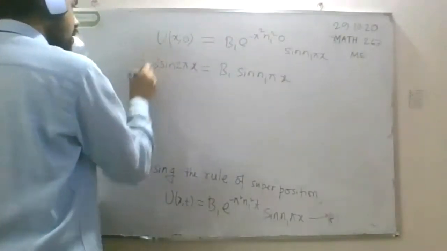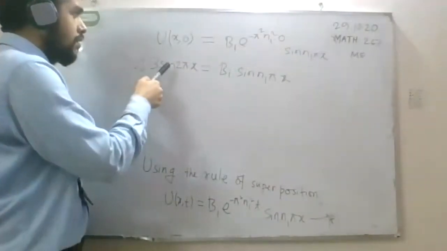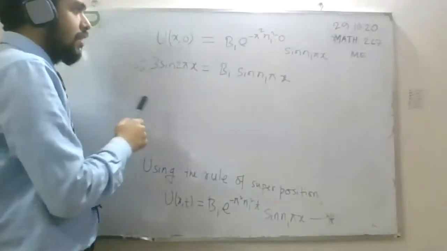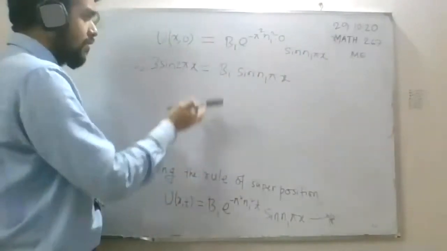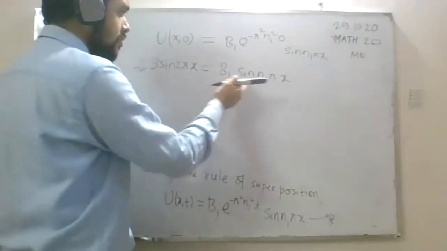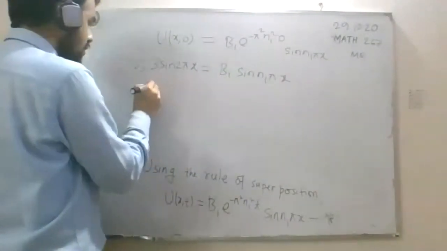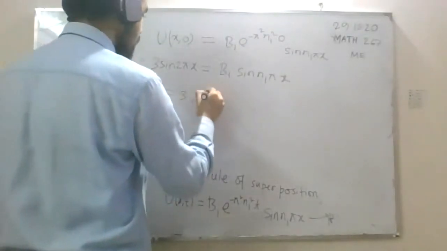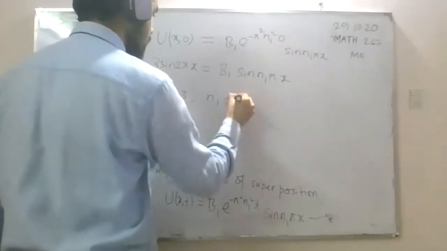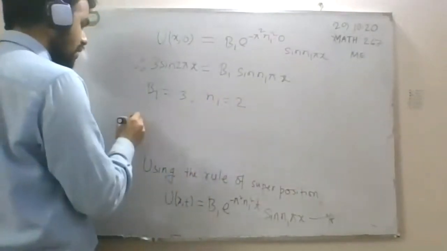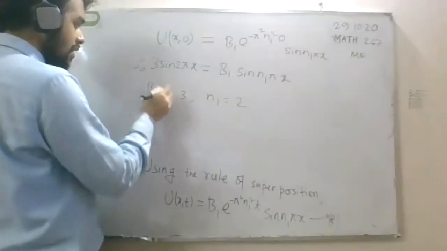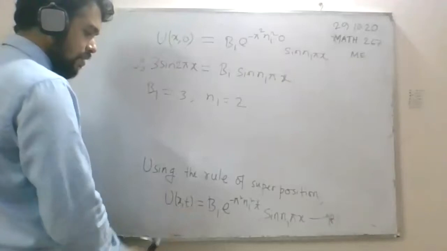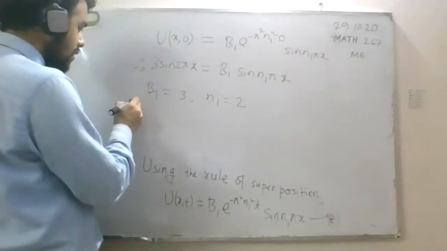So by using the superposition principle you can get the values of b1 and n1, where b1 is 3 and n1 is 2. Comparing these two things, you can get b1 and the value of n1. Now just put the values in equation A, which is your required solution.